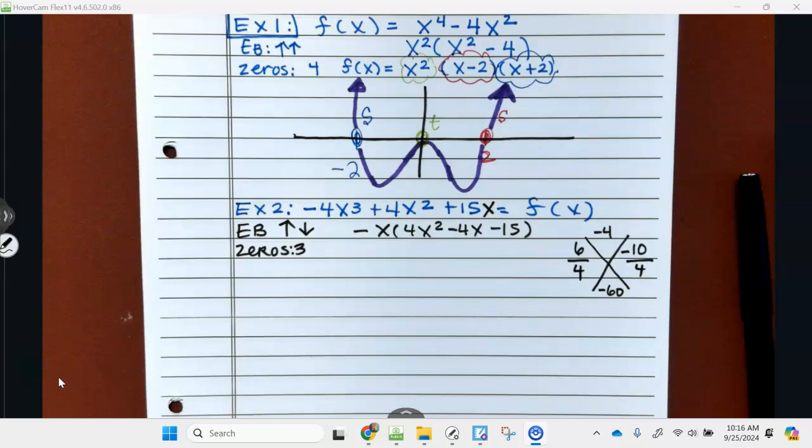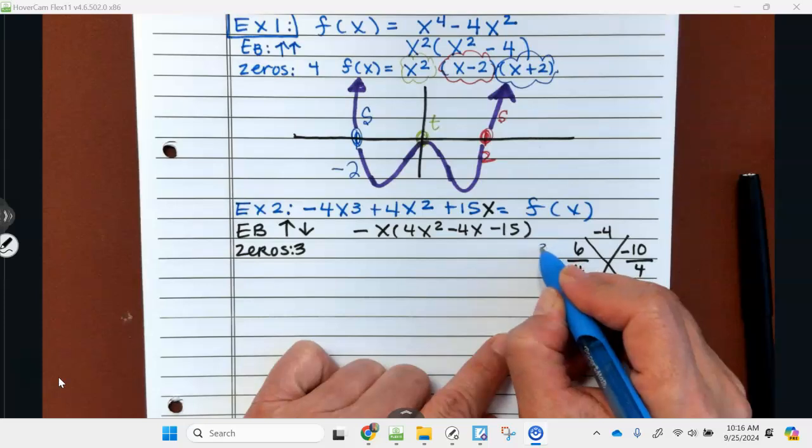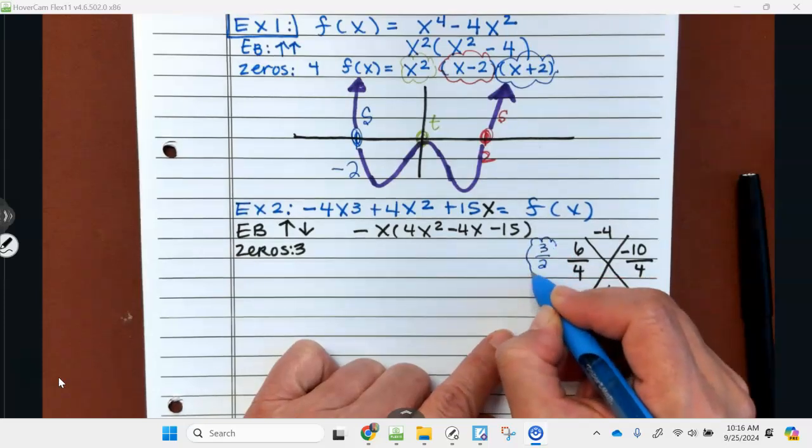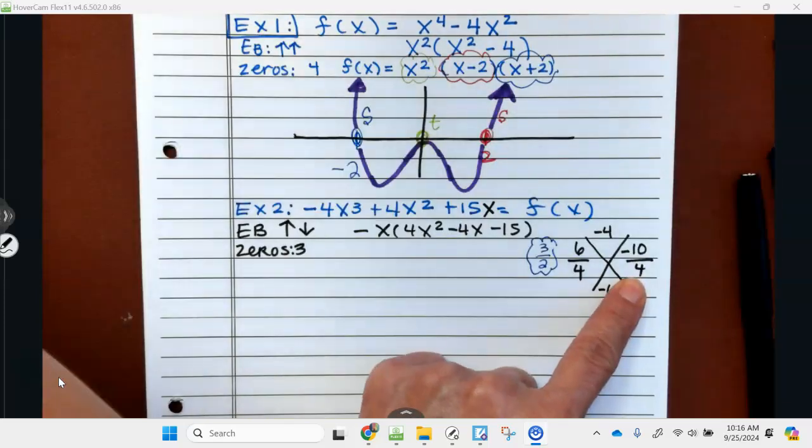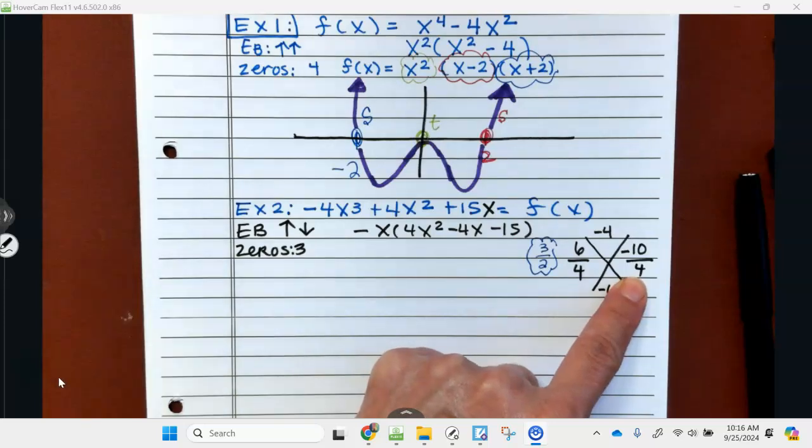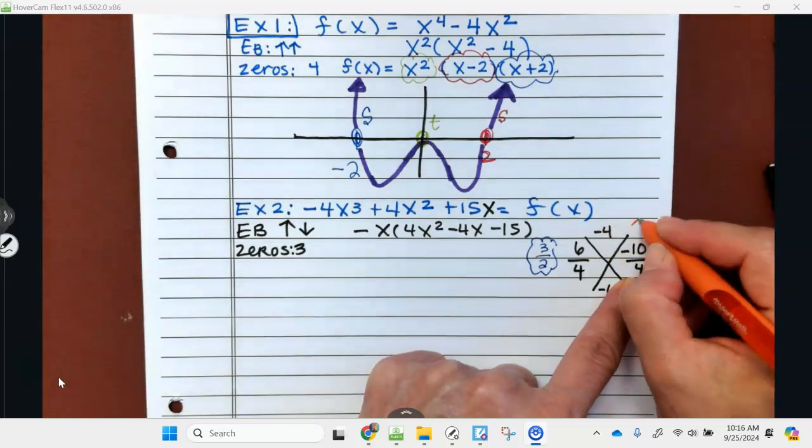Okay, neither one of those simplify to a whole number, but they both simplify as a fraction. So this simplifies to 3/2. This one simplifies to -5/2. I'll just put it right here.